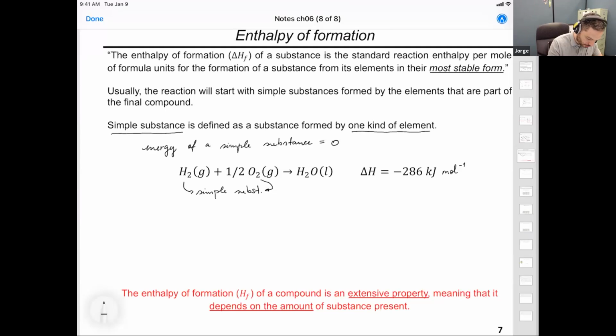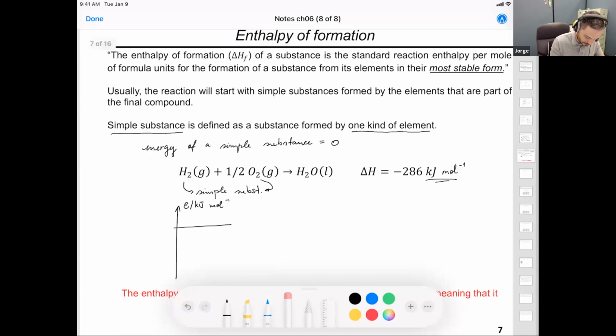If we draw our energy diagram, let's mark here energy in kilojoules per mole, because that's the unit here. The energy level of the reagents is going to be zero, because both reagents are simple substances.